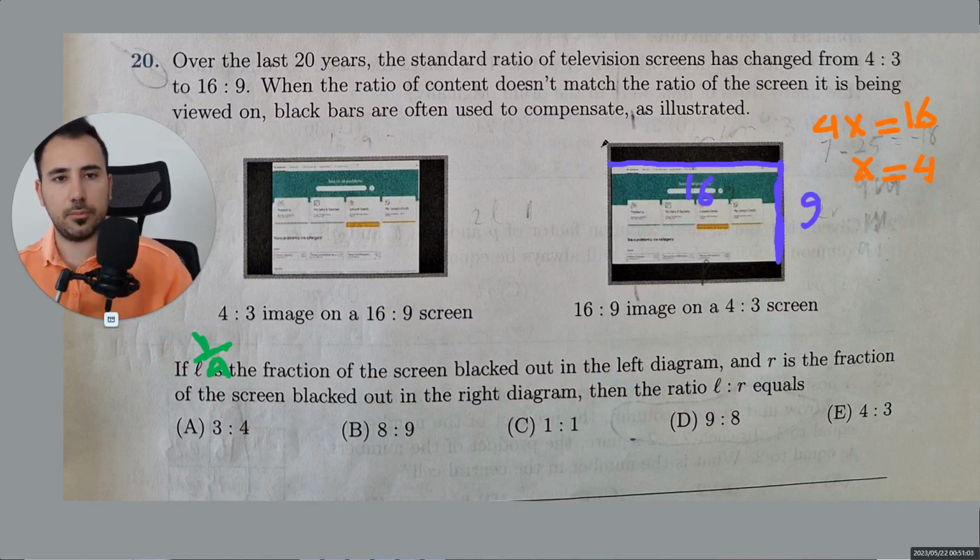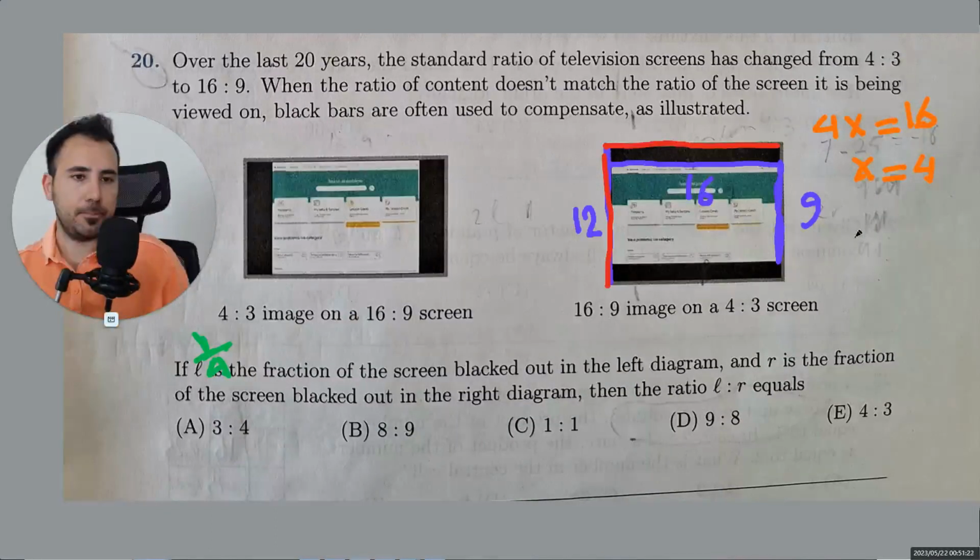This one was 12. So from here to here, all of this is 12. So the large rectangle is 16 times 12, all of it. So 16 times 12 would be the large area.